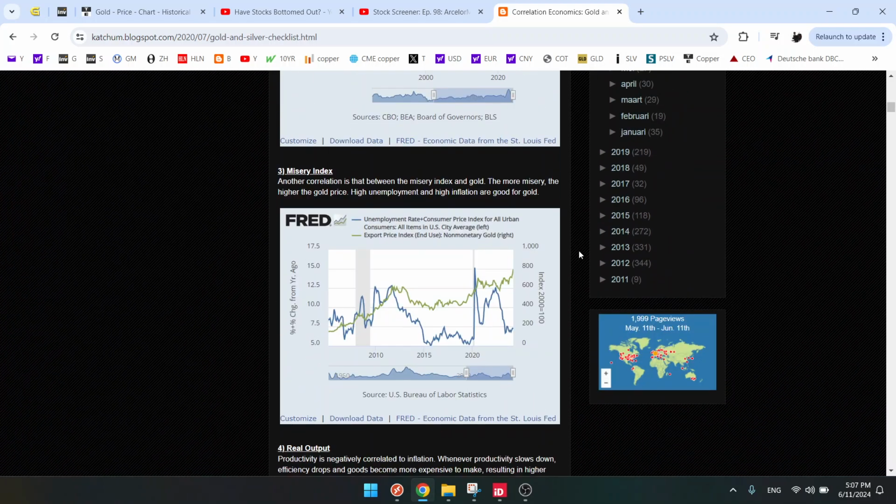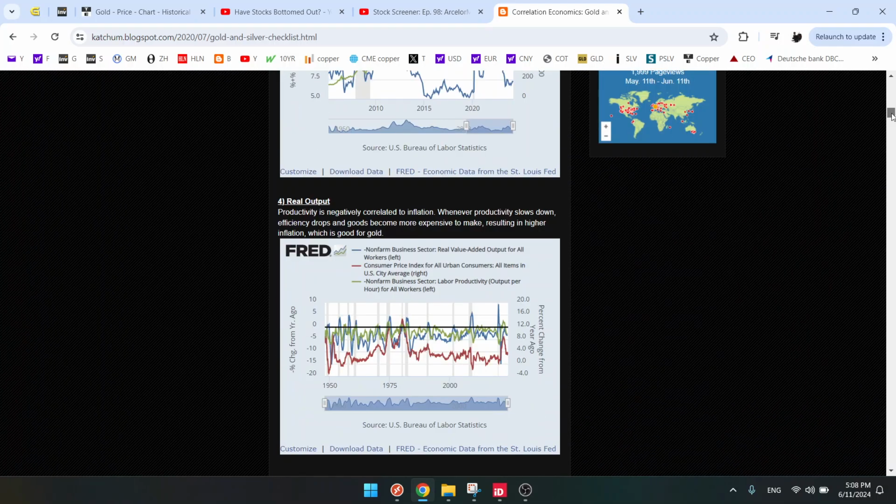So there are long-term and short-term indicators. The most important one was the boom bust cycle. Okay, the boom bust cycle, if you have watched that video, then you know that the economy will contract and expand.